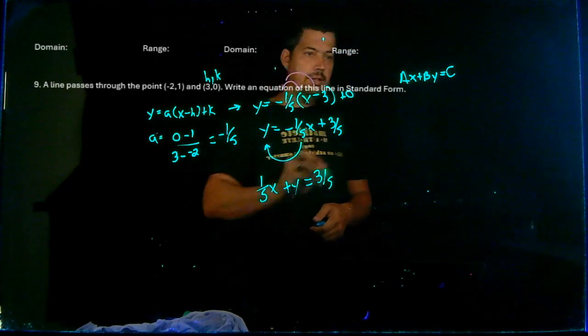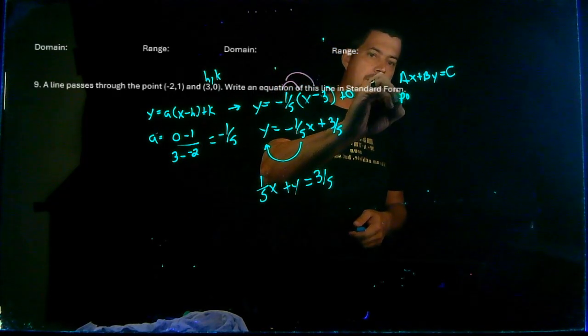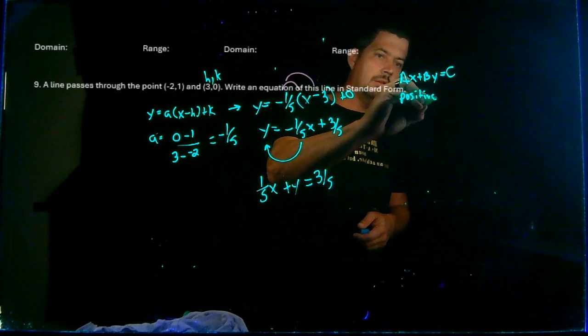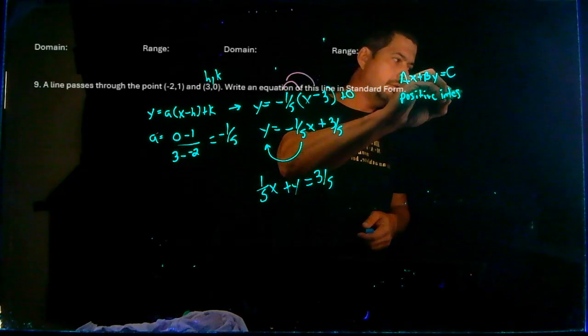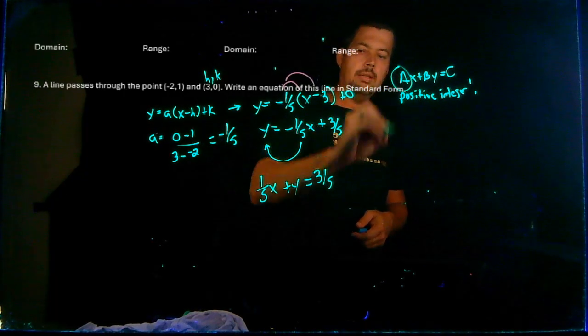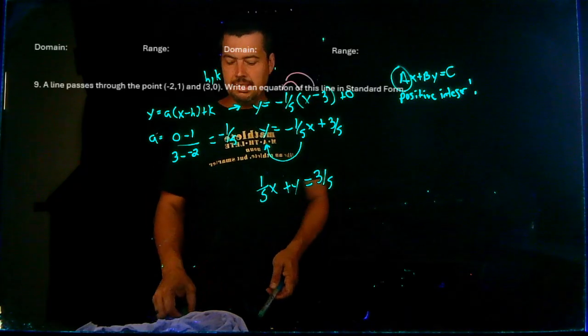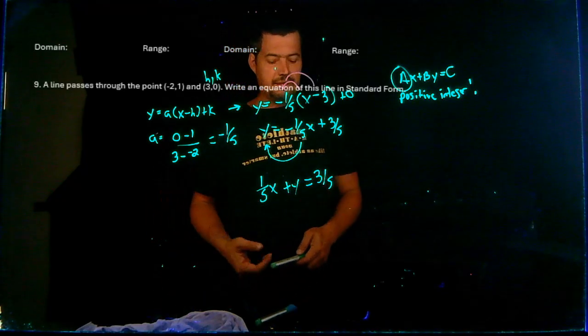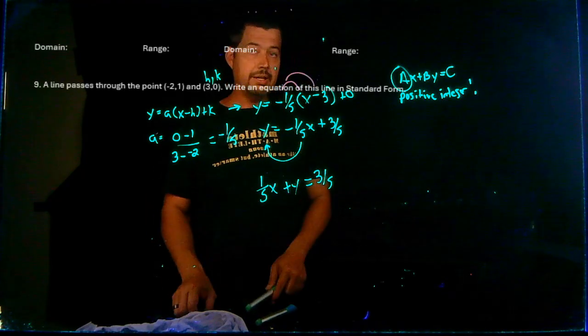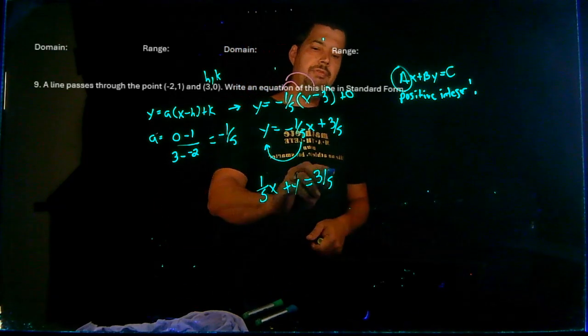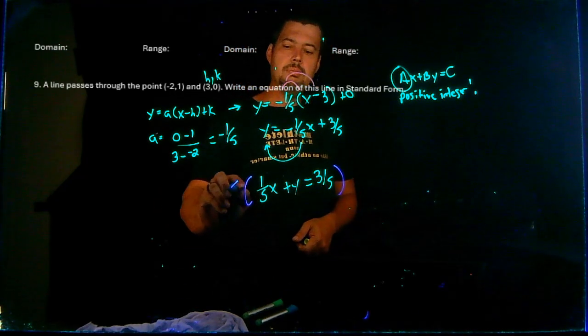The issue here is a is a positive integer. That is not a positive integer. That is a positive rational number. When I look at 1/5, I actually think in my head 1 divided by 5. And the fix to division is multiplication.